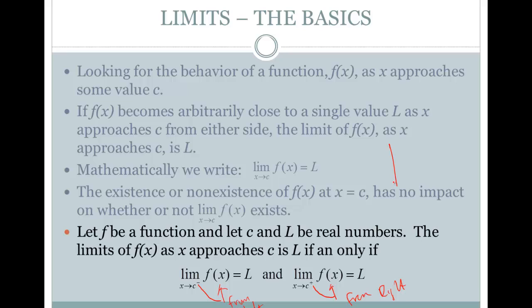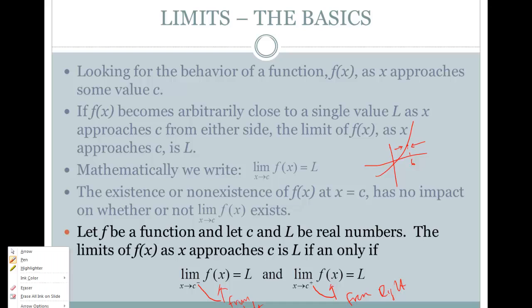If I'm looking at a graph and want to find the limit as x approaches 6 from the left, I'm going to think about values a little bit less than 6, like 5.999, something really close. And if I come in from the right, I'm coming in from that side. That's what it means to come in from the left and the right. And in order for that limit to exist, it has to be the same from both directions.